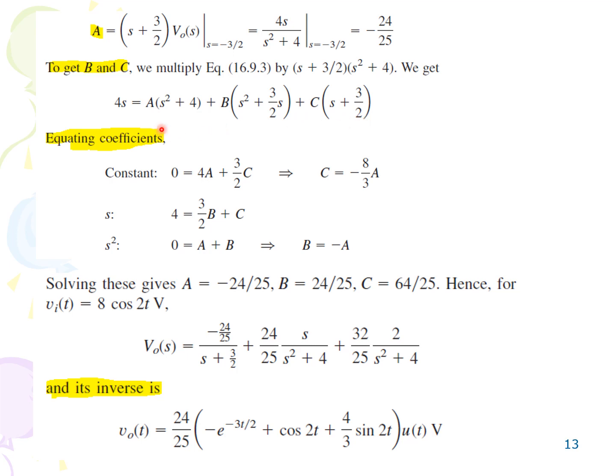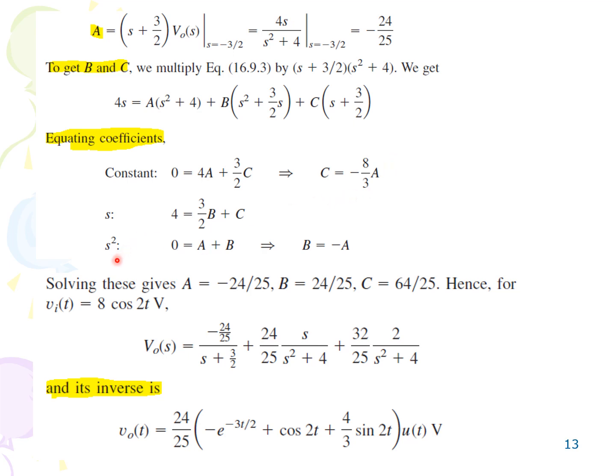Now we can compare on both sides the constant and the coefficients of the s and s square terms. The constant on the left hand side is 0, and 0 will be equal to 4A plus 3 by 2 C, which will give us C is equal to minus 8 by 3 A. Similarly, if we compare the coefficient of s, on the left hand side it is 4, and on the right hand side it is 3 by 2 B plus C. It will give us B and C if solved in combination with the other equations.